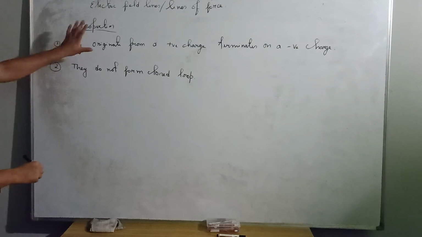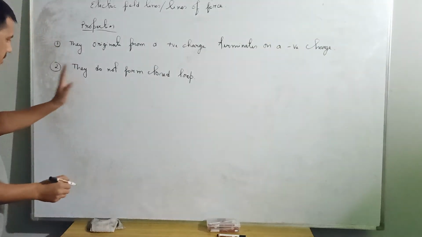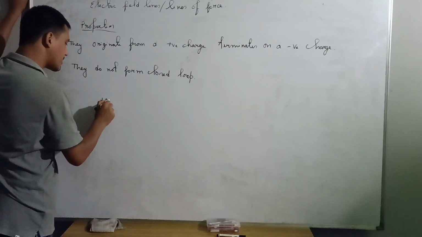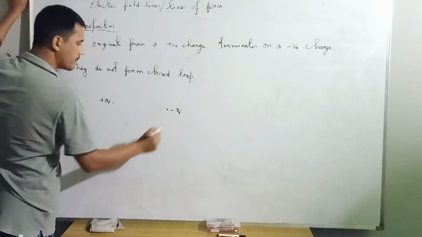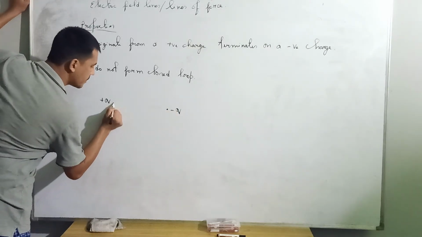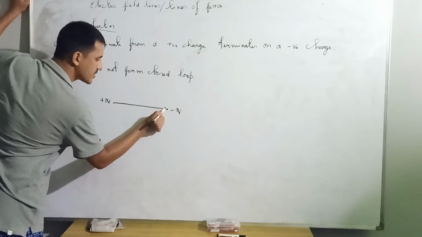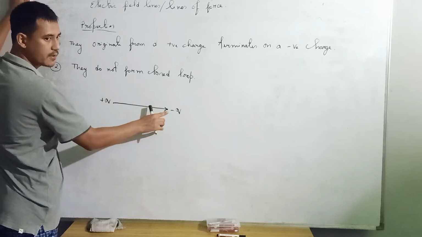We have seen that from point 1, they originate from the positive charge, they terminate on the negative charge. I'm going to draw a figure according to that. So this is your positive charge plus Q. This is your negative charge minus Q. Electric field line originates from positive charge, goes from positive charge towards negative charge. It originates from positive charge and it will enter the negative charge.